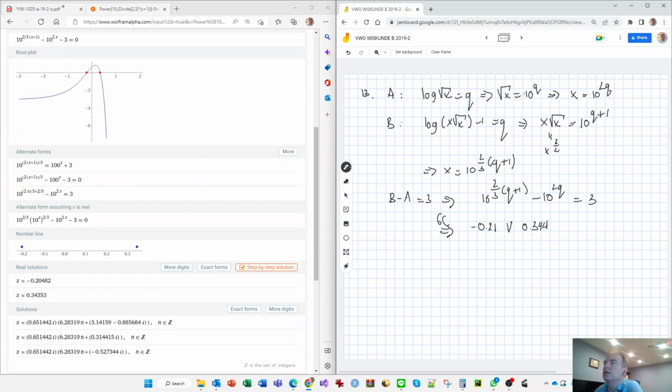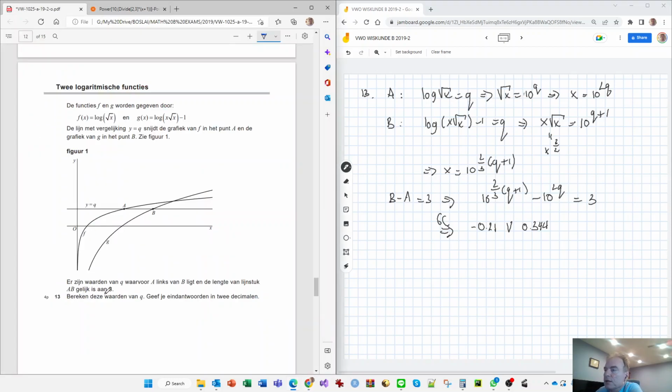And was that what they were asking? Yes. And did they say anything about q?